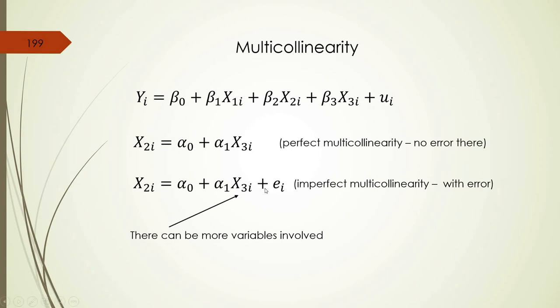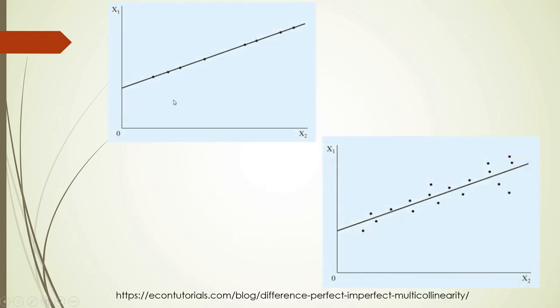In multivariate models, you can have more than one independent variable on the right hand side, so one variable can be a combination of other independent variables. This is the case of perfect multicollinearity here, and this is the case of imperfect multicollinearity. We've plotted the values of 2 independent variables, and x2 is influencing x1. The raw data are these dots here, and we have a model.